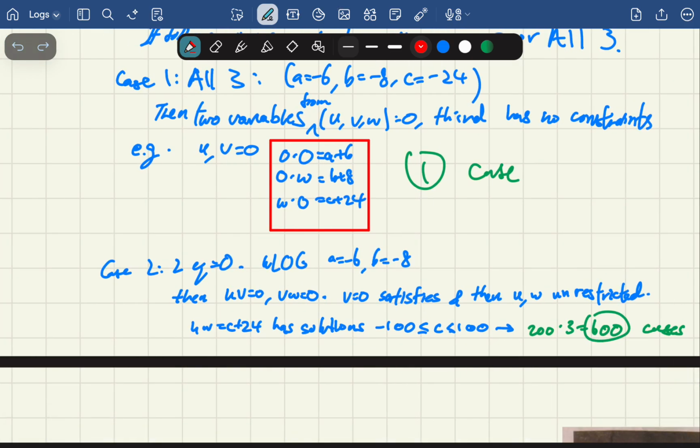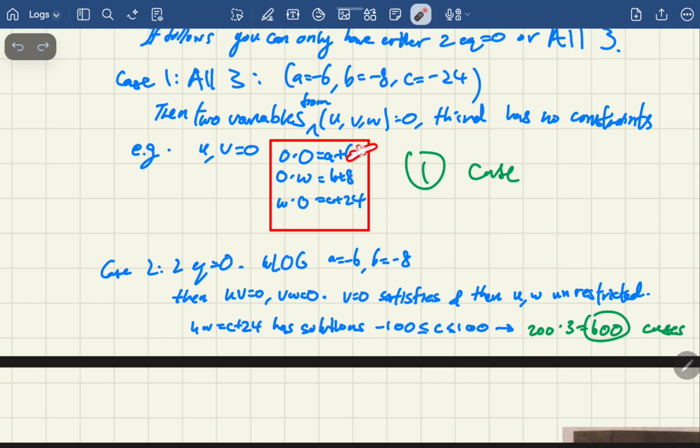So we'll assume that these two top equations are 0. So then you have a is negative 6, b is negative 8. Then uv is 0, vw is 0. And then note that v equals 0 satisfies both of these, and then that leaves u and w having no constraints.